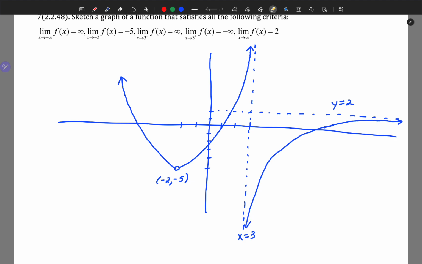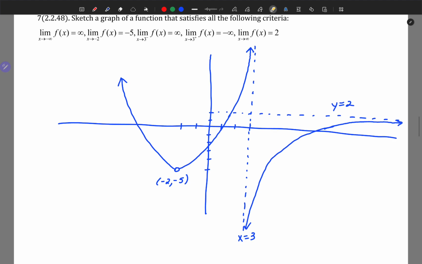But before I really drew in this part of the graph, I had to think about, well, what's happening as x moves further to the right? As x moves forever to the right, the y value has to approach 2. This is a horizontal asymptote. Now, this function only has a horizontal asymptote for the positive x values. For the negative x values, it goes to infinity. But as x approaches positive infinity, I had to show y goes to 2.